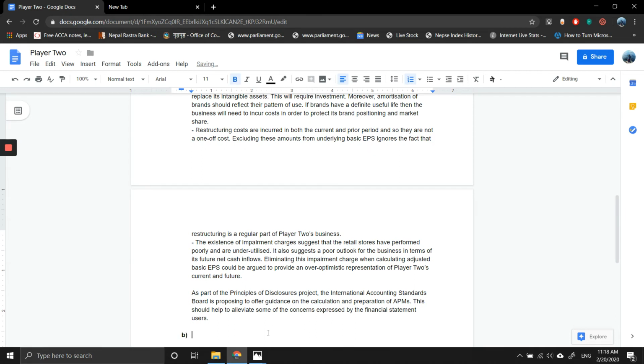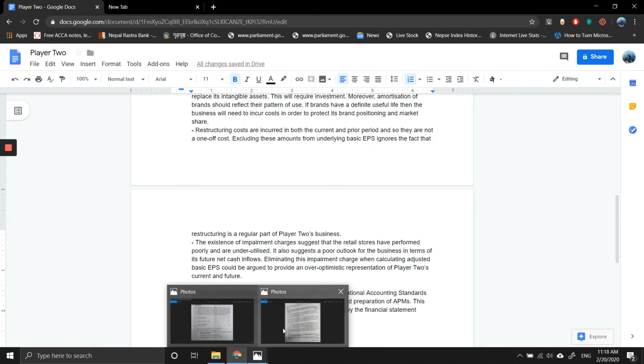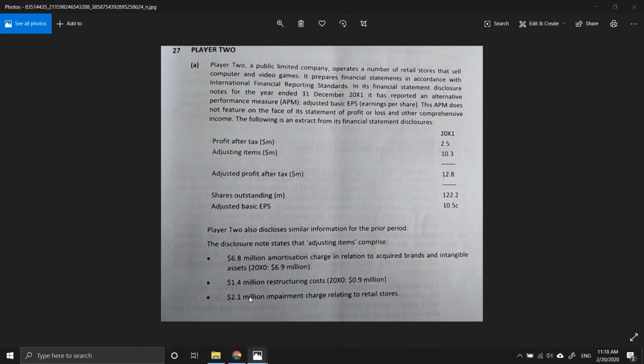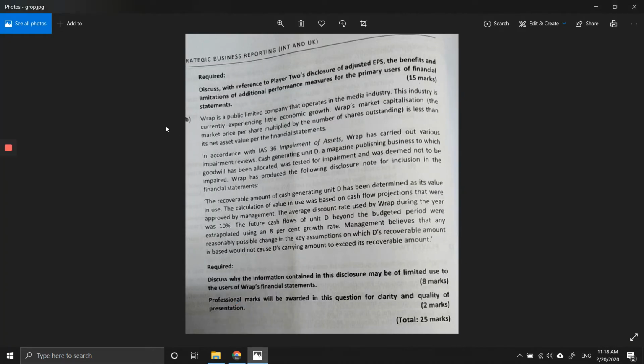Alright. So the next part of this question is about RAP, right? So what does it say? RAP is a public limited company that operates in the media industry. The industry is currently experiencing little economic growth. RAP's market capitalization is less than its net assets per share. You know what market cap is, right?